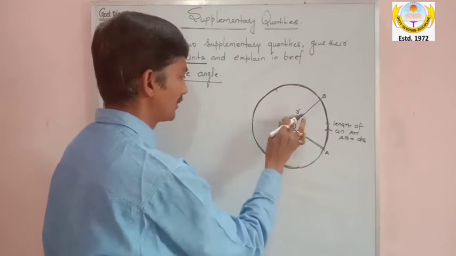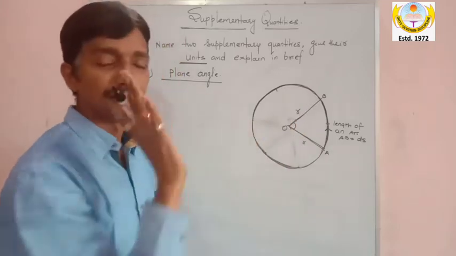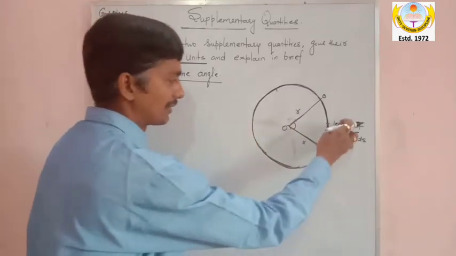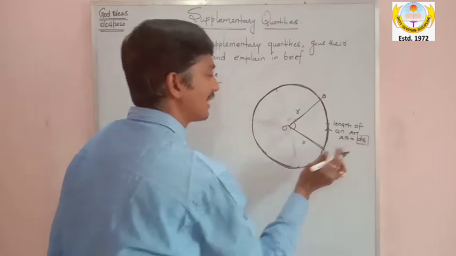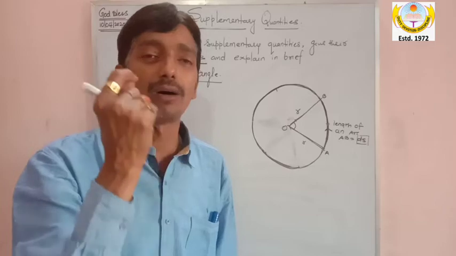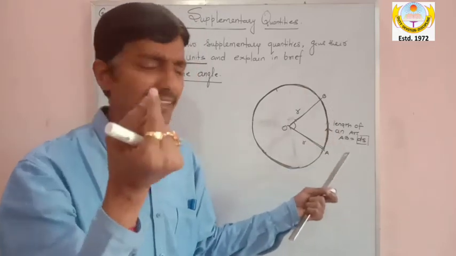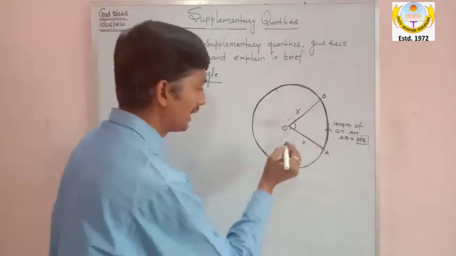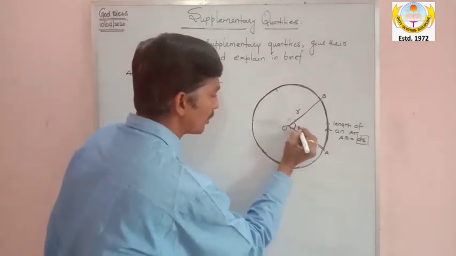So this is the length of an arc, and I have taken that length of an arc as ds. I said why I have taken d, because it is a small length of an arc. The circle is so big, I have selected a small length of an arc, and here it makes an angle, and that angle is also small.